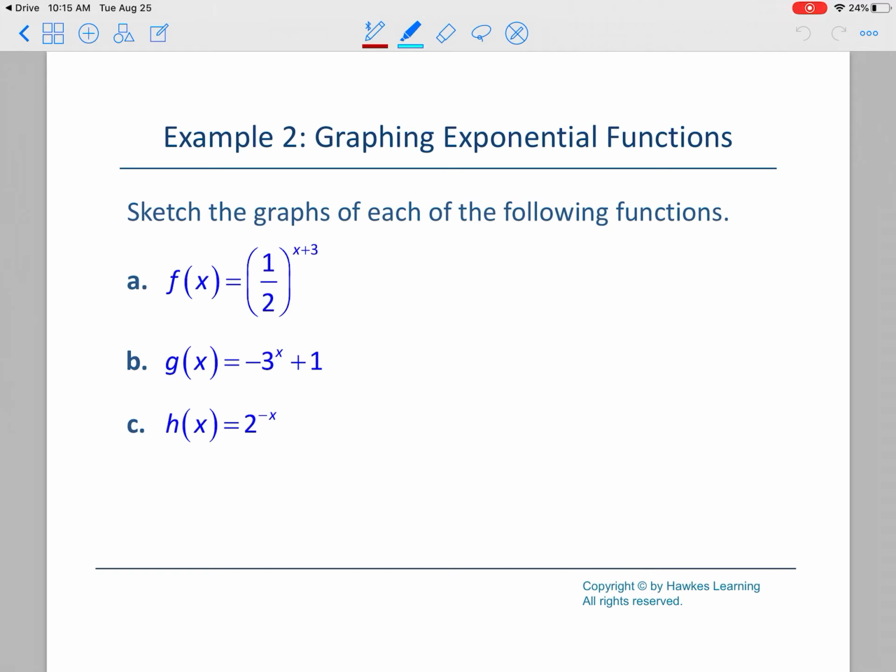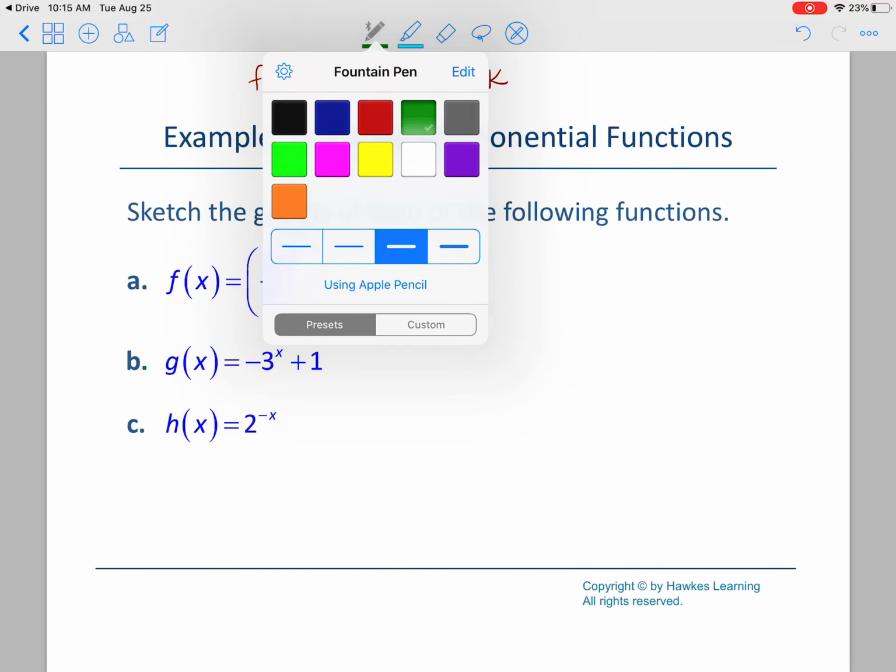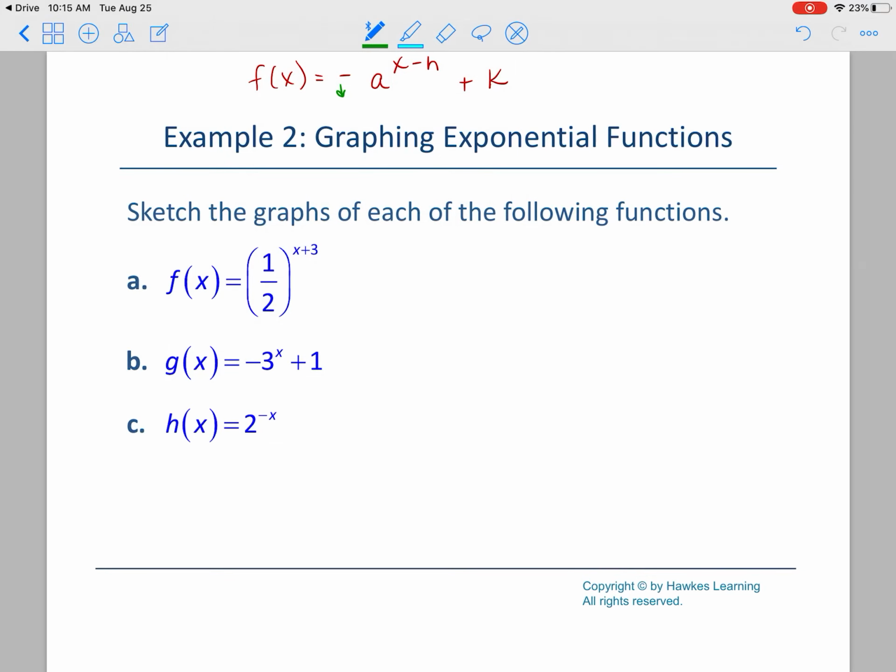Now, let's talk about the transformations. How do these things slide around on our graphs, moving left, right, up, down, all that good stuff. So if you remember, if I have a function, f of x equals, just say, -a to the x minus h plus k. Okay, so here are all my transformations. Remember, if there's a negative in front, that reflects my whole graph over the x-axis.